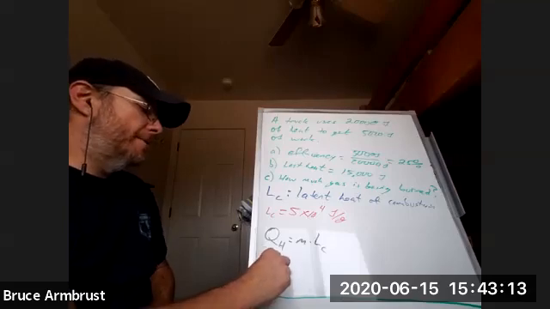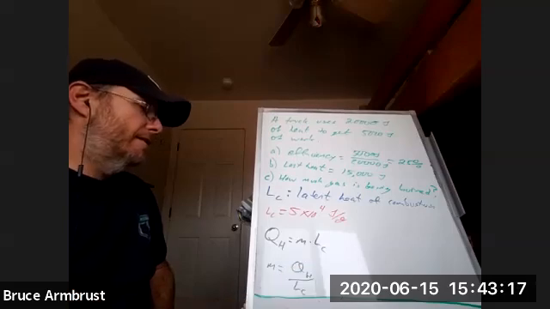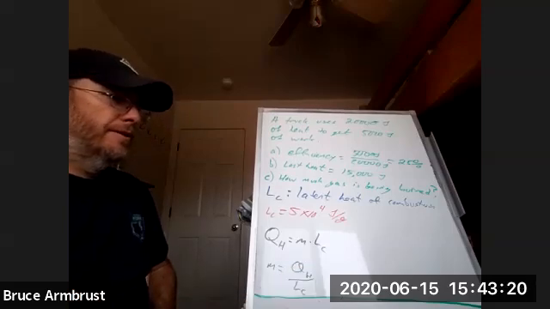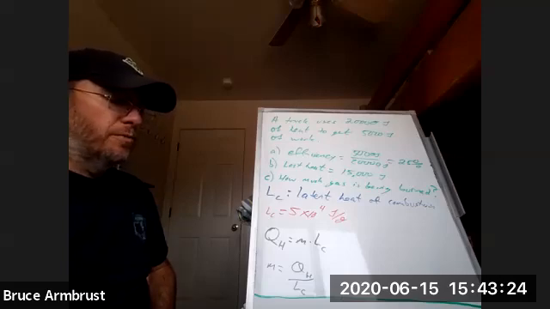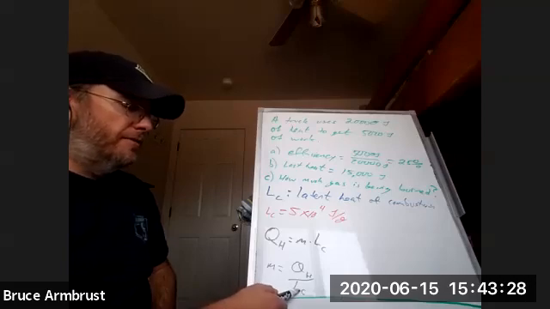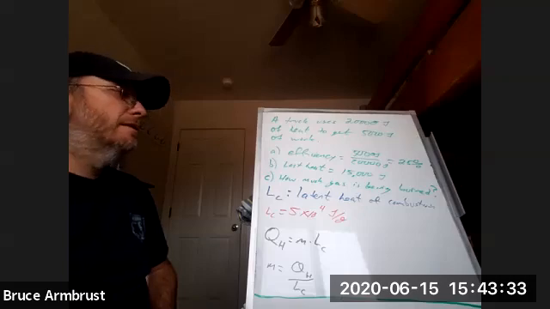So the mass is going to be QH divided by that latent heat. Let's say this had been water that we're boiling, then we would use the latent heat of vaporization, but it'd be the same kind of idea.